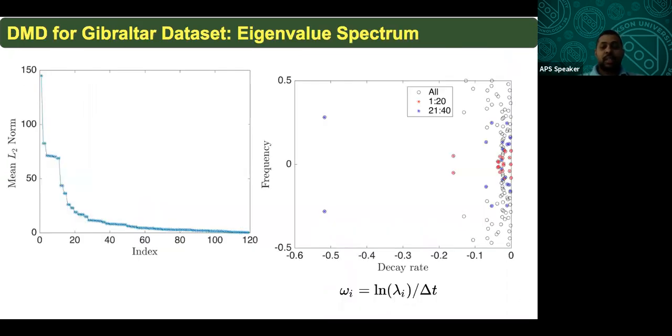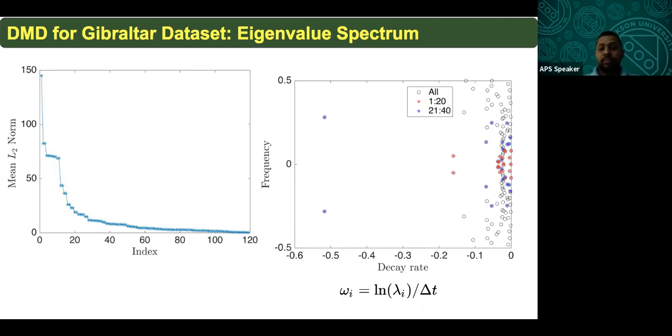So let's discuss more about the DMD algorithm applied to the Gibraltar data set. These two figures show the spectrum and the ranking. The left figure shows the ranking of the modes. We rank using the L2 norm contribution, and then we can further discuss the modes using the decay rate and frequency.